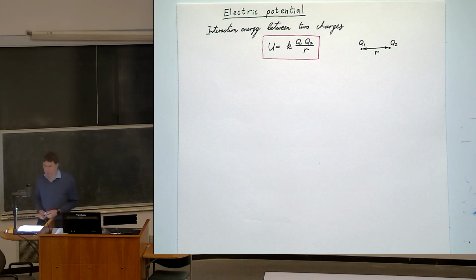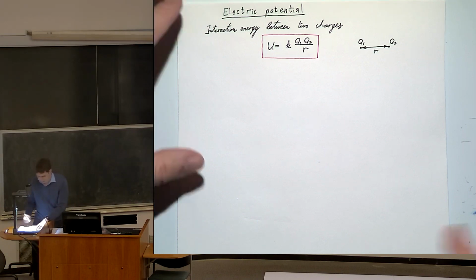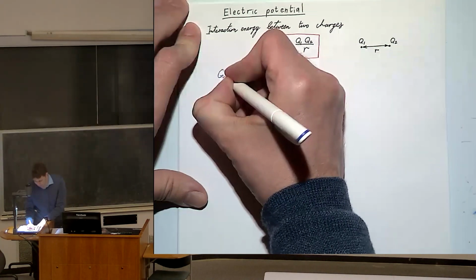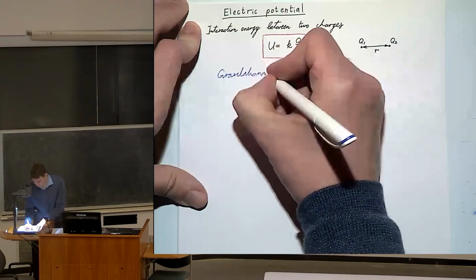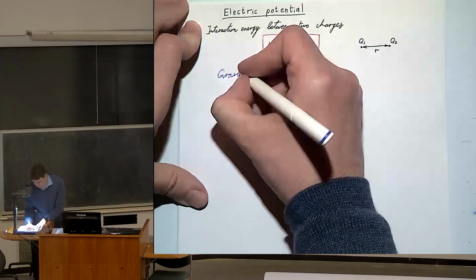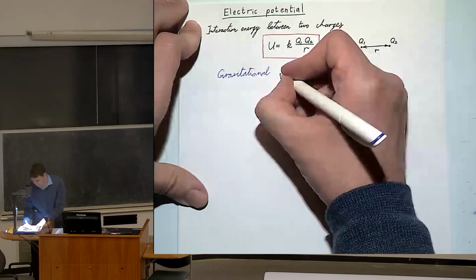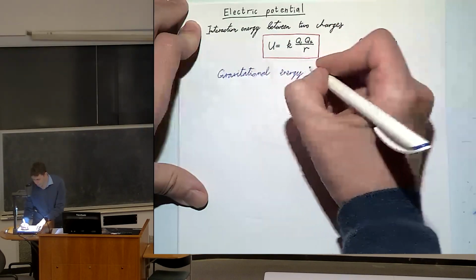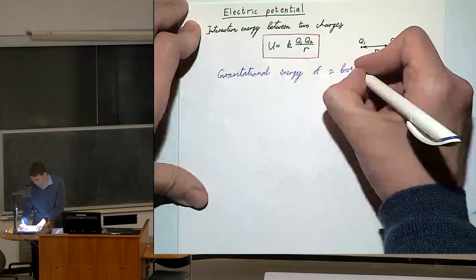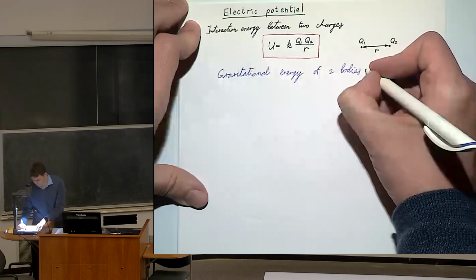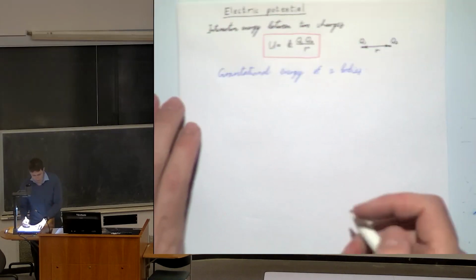As it should have been derived in the previous quarter in Physics 5a, the gravitational energy of two bodies has a similar form.